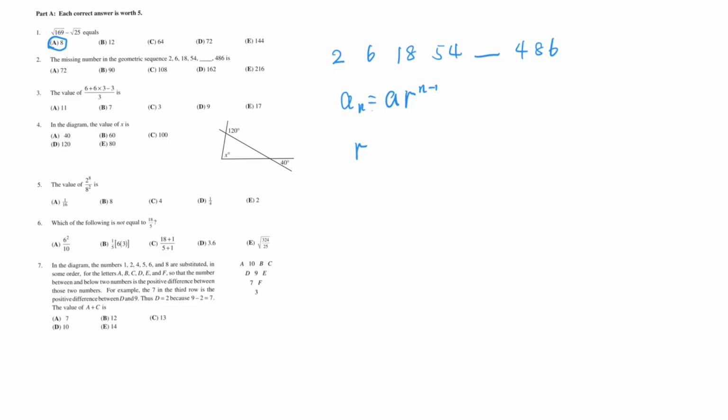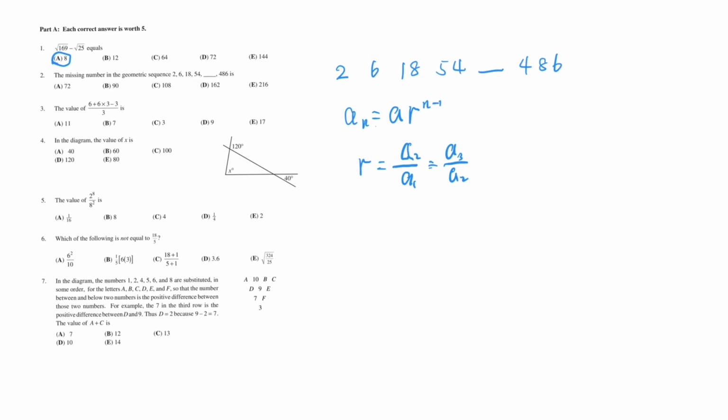The r equals the ratio of two adjacent numbers, so a2 over a1, or a3 over a2, or the last over the second last. In this problem, r is 6 over 2, that's 3.